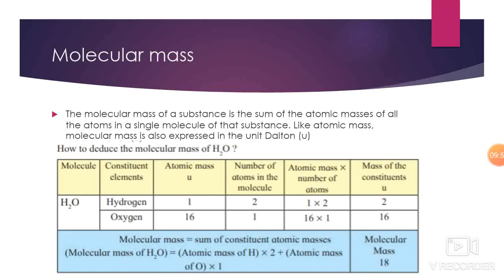But before adding, we will multiply each atomic mass by the number of atoms of that element in the molecule, and after multiplying both, we will add them. Let's see an example. The unit for molecular mass is u, as for atomic mass it is also Dalton, small u, and for molecular mass it is the same.